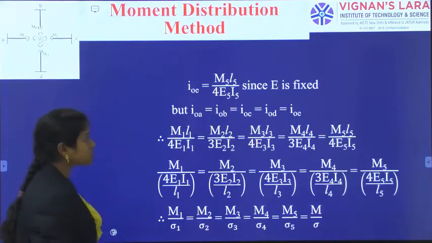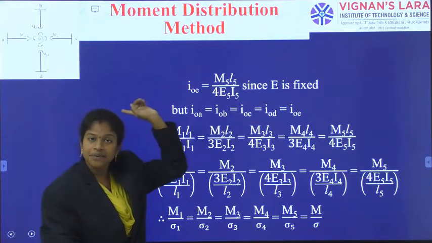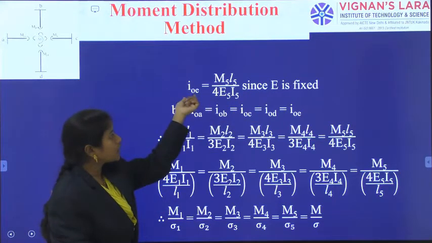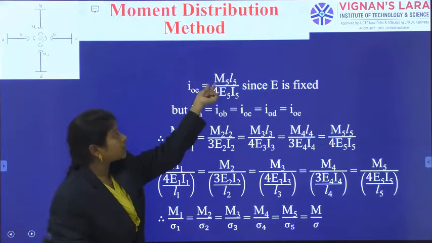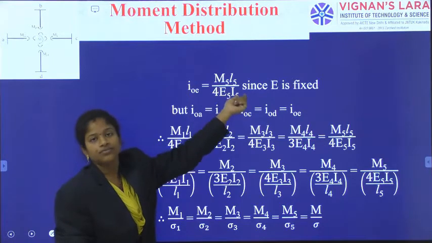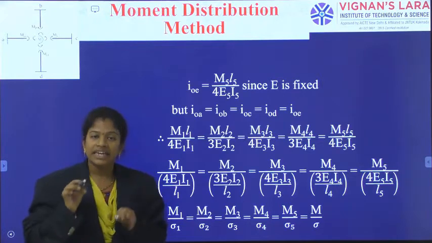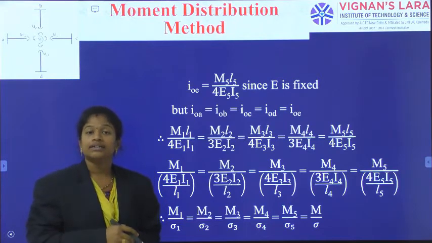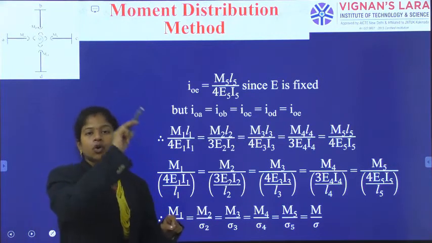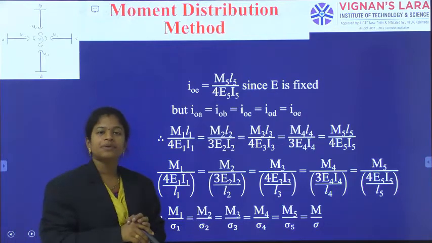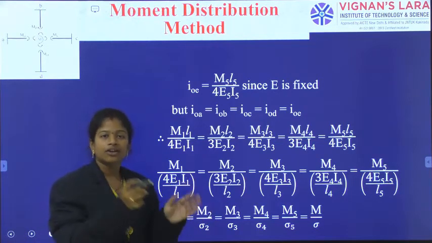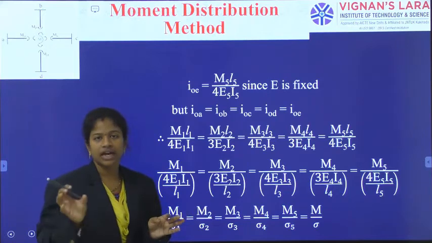And then for the last joint, E, as E is fixed, we have got theta OE is equal to M5 L5 by 4 E5 I5. So in this way we have calculated slope of each member at the joint due to the application of total M. That total M is being distributed to 5 parts, and those 5 parts have given individual answers.